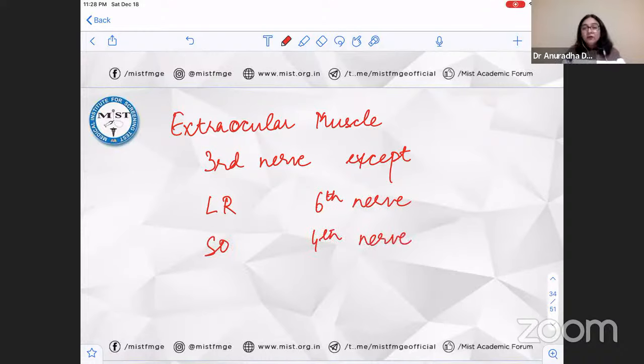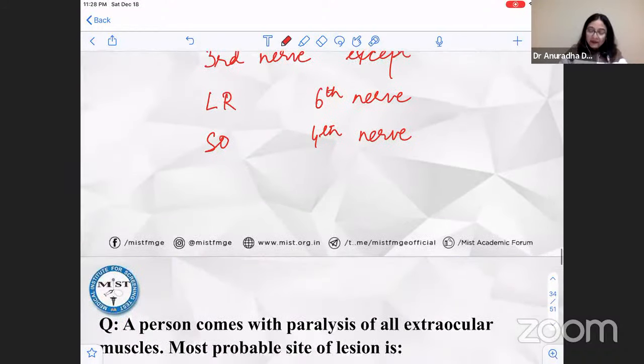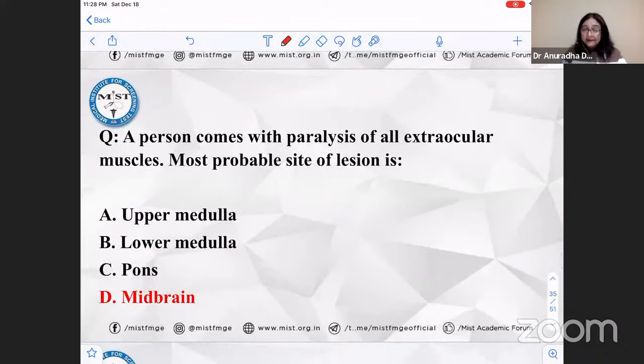Now, out of these, the third nerve and fourth nerve arise from the midbrain. The sixth nerve arises from the pons. So this question has a little bit of ambiguity in it. Maybe one of the choices was brainstem, because if brainstem is the choice, then that becomes the most appropriate answer. But going by the choices we can recall, upper medulla and lower medulla are not in the picture.